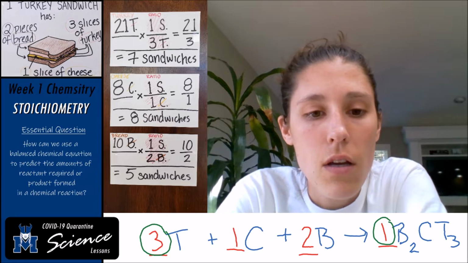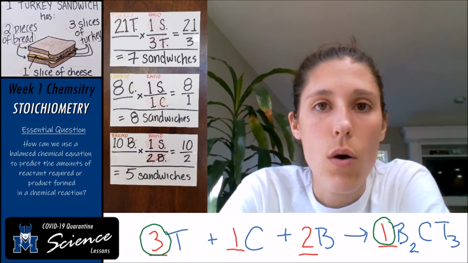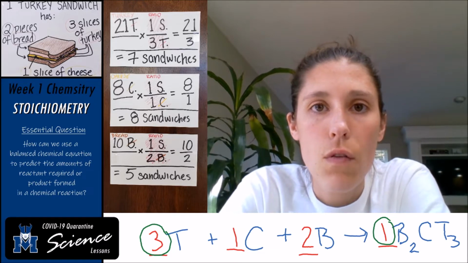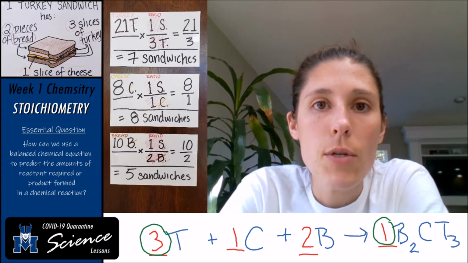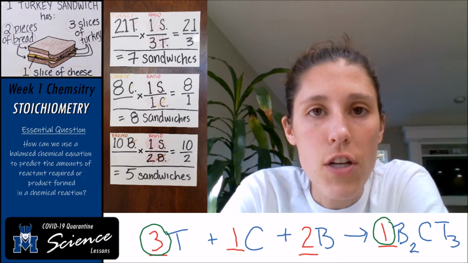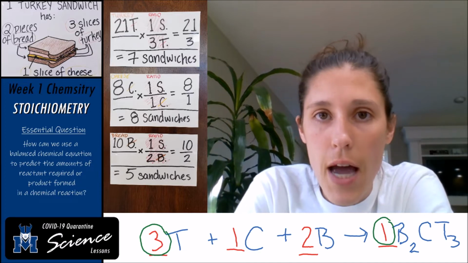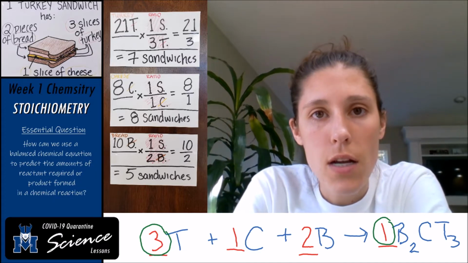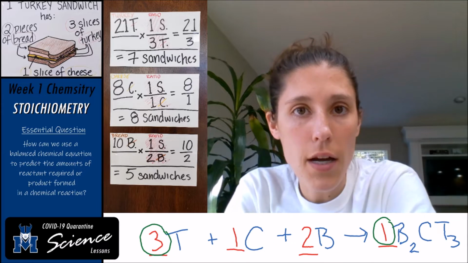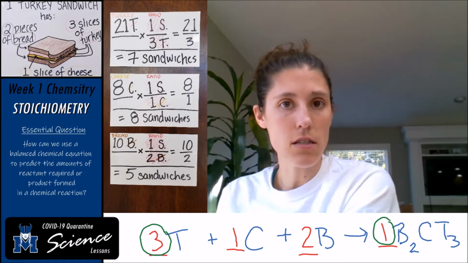This is very similar to what we're going to be doing with our stoichiometry calculations when we look at chemical reactions. We're going to use the coefficients of the balanced chemical equation to make predictions about how much product we can form, how many moles of product, or we can then convert that into mass.